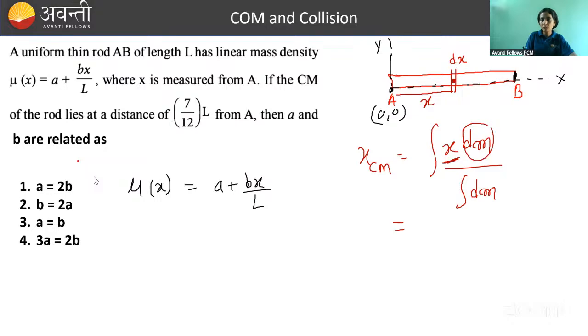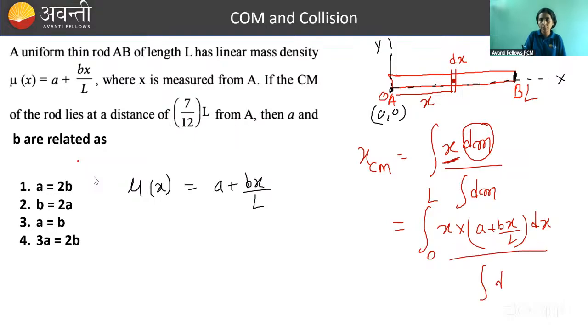What will be the mass of this small element? Mass per unit length is given, and the length of this element is dx. So its mass will be (a plus bx by L) dx. So this is x dm, and you will do the integration. The rod's length varies from A to B. Here A means x is 0, B means x is L. So this will vary from 0 to L. Similarly, you will calculate the mass.